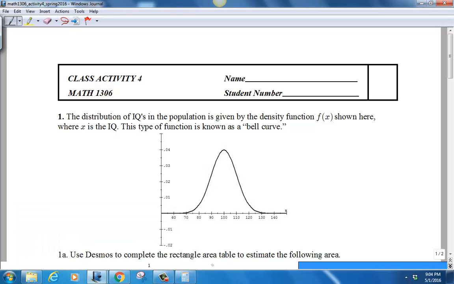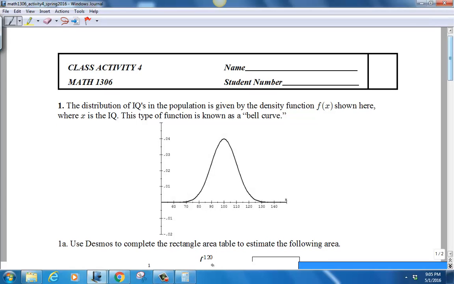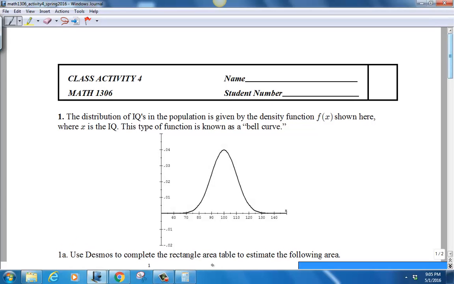I actually have the formula for the density function, and it's already been coded into Desmos for you. So you can use rectangular approximations, like we've been using to approximate areas under curves, to get a very accurate estimate for areas beneath this particular density function.